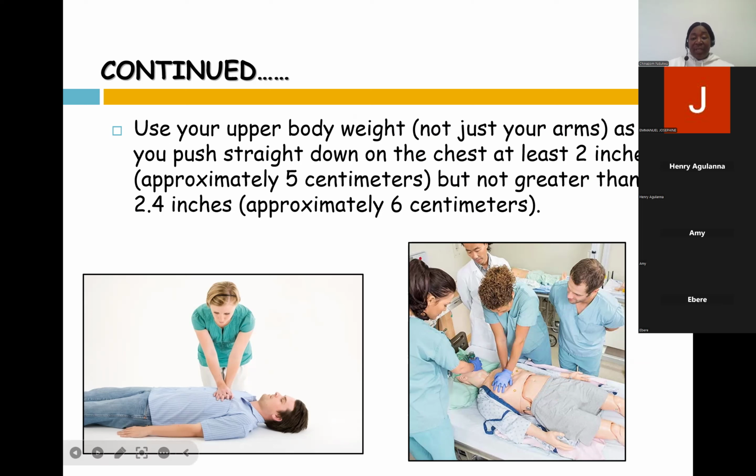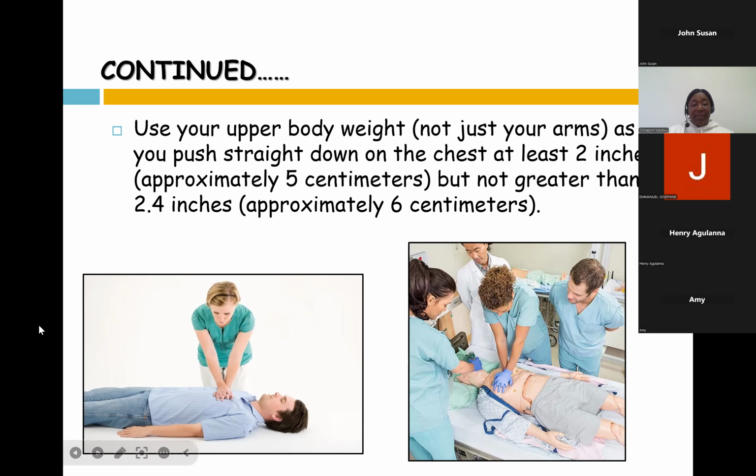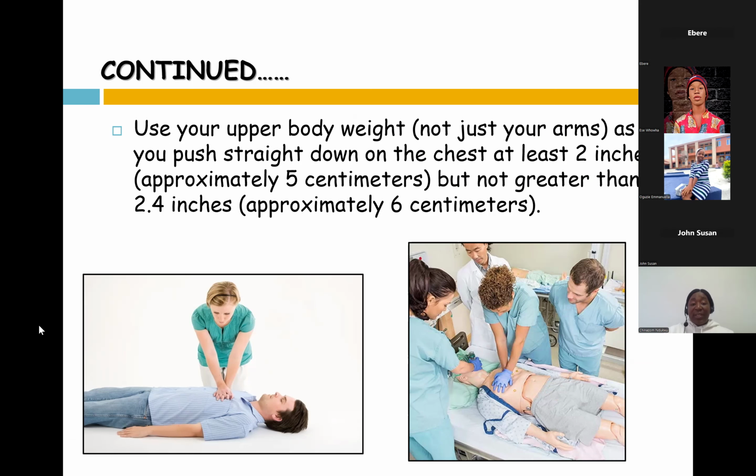I'll be able to see it. What can it result to? Is it on the positive or on the negative? Just tell me your thoughts. If you go deeper than 5 to 6 cm, what will happen? Or what do you feel will happen to this person?